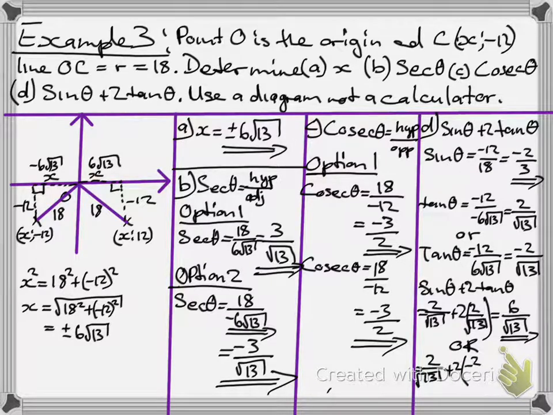So there we go. You can see that the values which we are going to get, the first one is going to be 6 all over root 13, and the other one is going to be negative 2 all over root 13. So those are the two different values, because remember we've got two possible values of x.